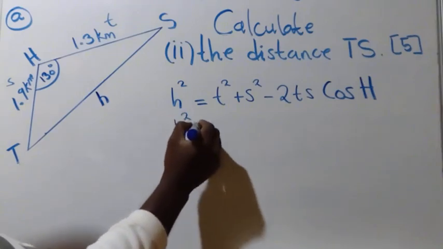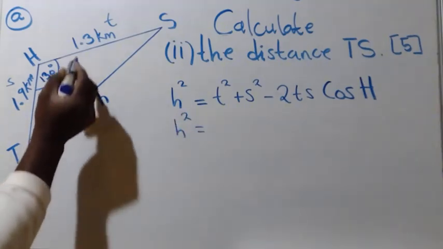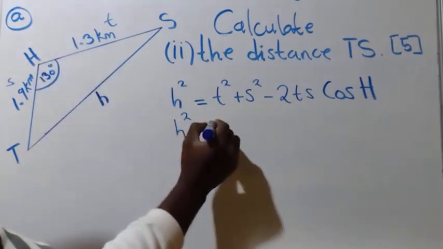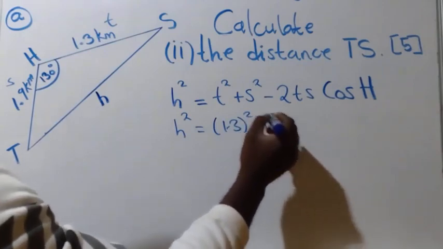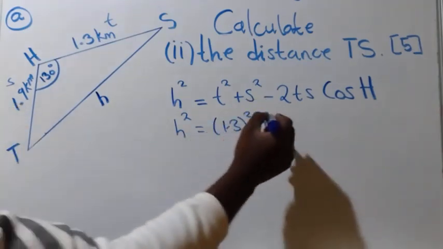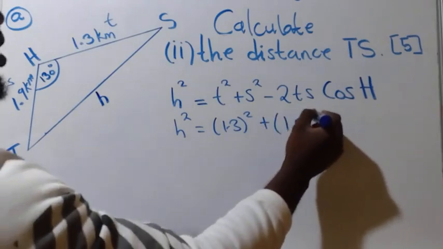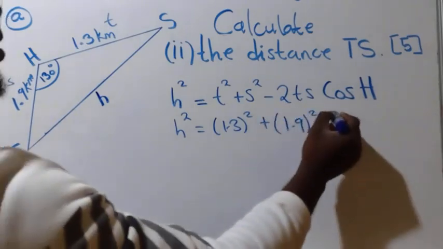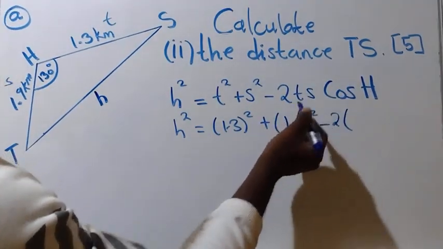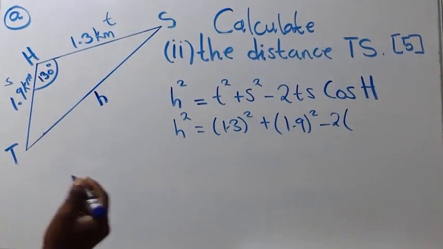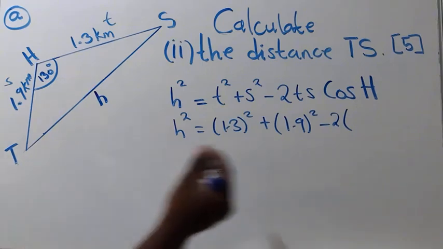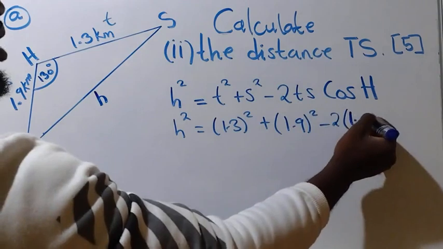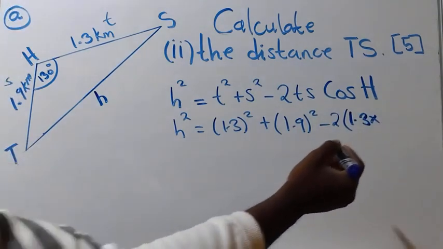From there, just put the values that you have. h squared is the one that we want, equal to t. Our t is 1.3, so it's going to be 1.3 squared plus, what is our s? Our s is 1.9, so it's going to be 1.9 squared minus 2 times ts, which is 1.3 times 1.9.